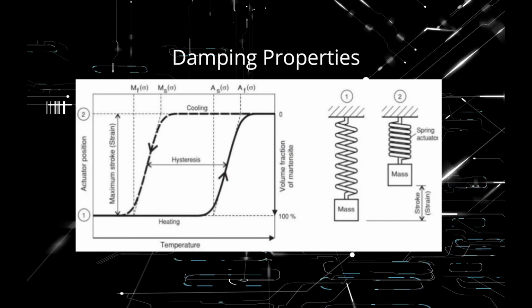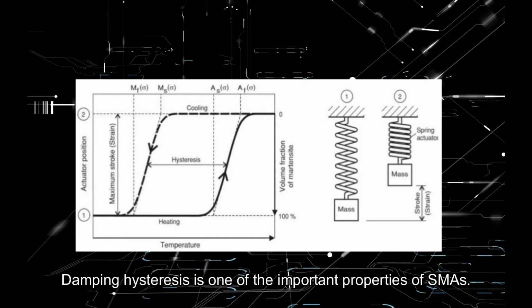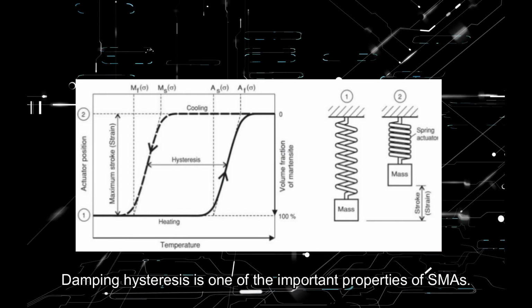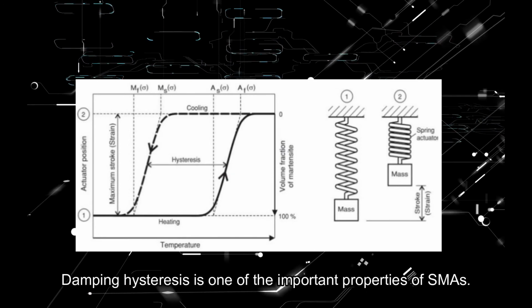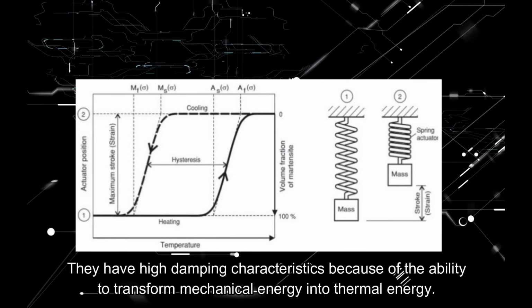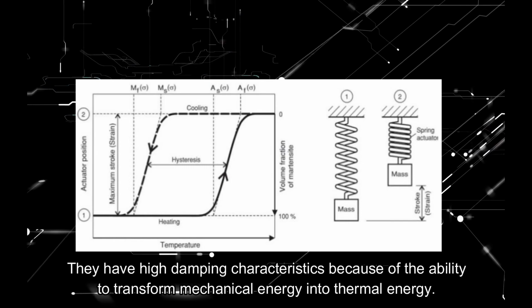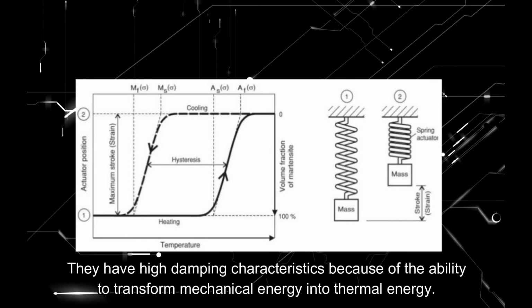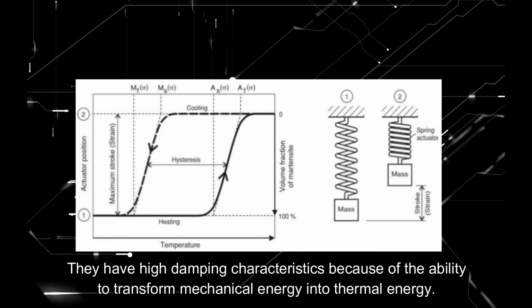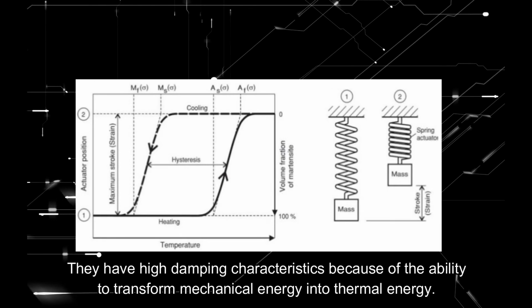Damping properties. Damping hysteresis is one of the important properties of shape memory alloy. They have high damping characteristics because of their ability to transform mechanical energy into thermal energy.